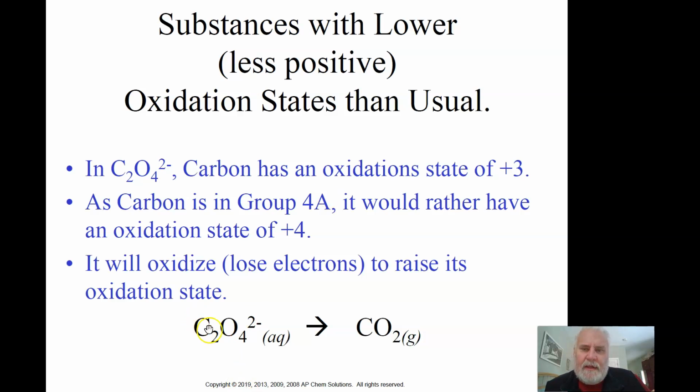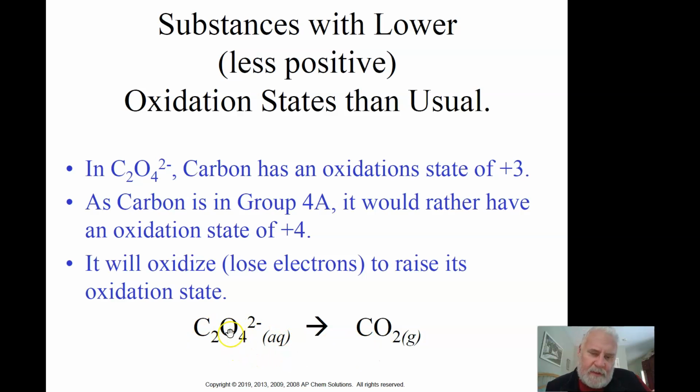Here's another example. C2O4 2- will undergo a change and become CO2. So you'll recognize that. Let's check out the oxidation numbers on these guys. The oxygen doesn't change.